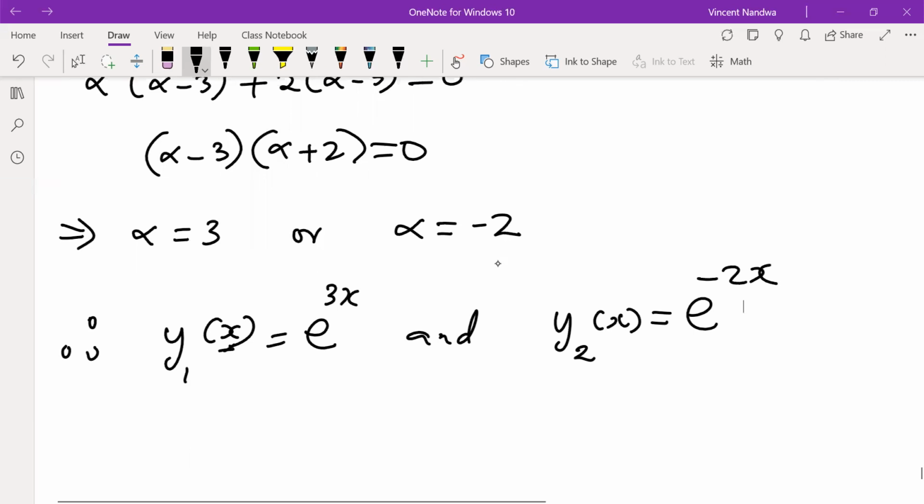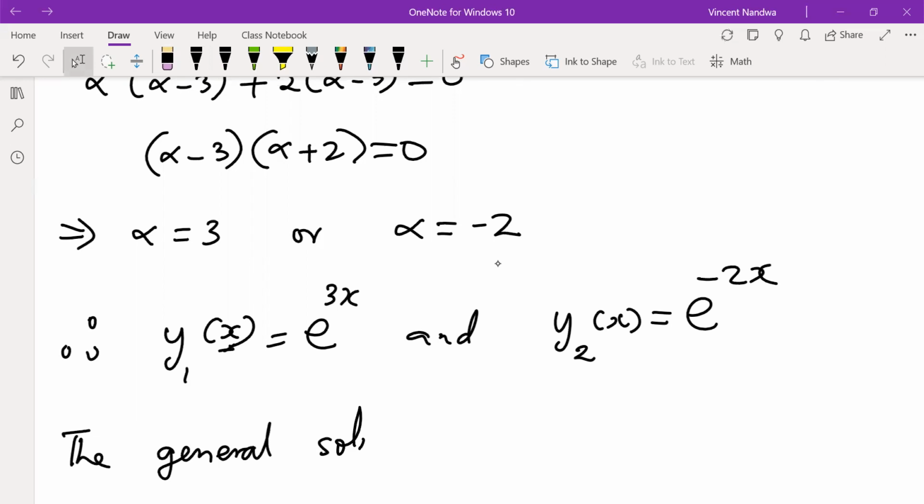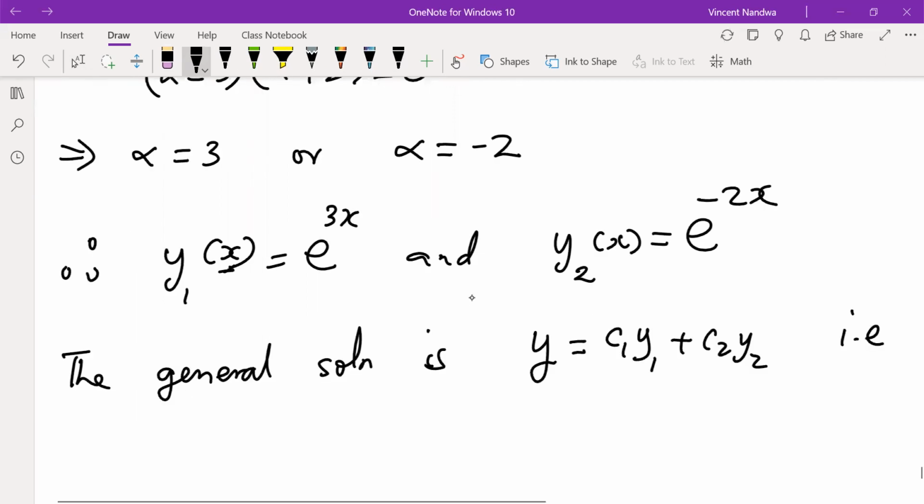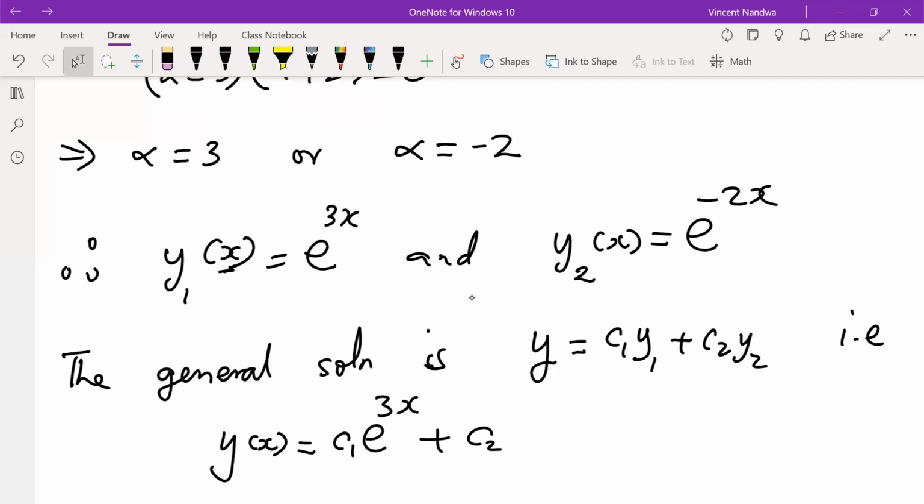Now, the general solution is a linear combination of these two, c1 y1 plus c2 y2, i.e. y of x is c1 e raised power 3x plus c2 e raised power minus 2x. So therefore, this is the general solution of the given differential equation.